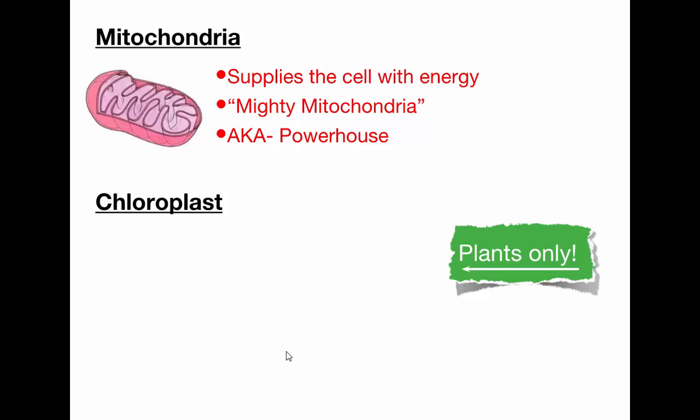And the process that does that, we're going to be learning a lot about at the end of this unit, but it's called respiration, or cellular respiration. It is the process which releases that energy. That's what happens in the mitochondria.